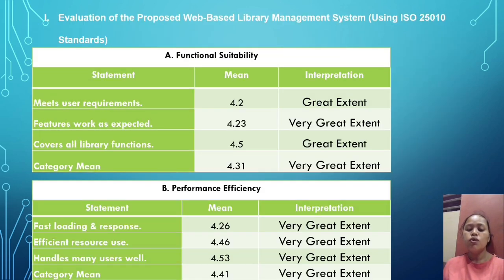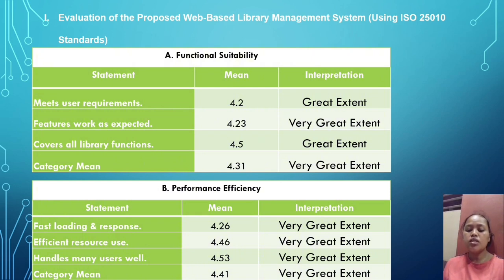We have Part 2, ISO 25010 software quality evaluation, and it has eight categories: functional suitability, performance efficiency, compatibility, usability, reliability, security, maintainability, and portability.